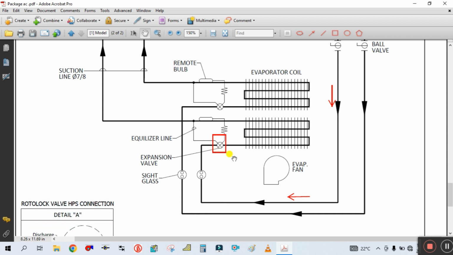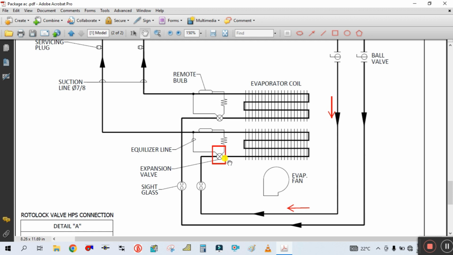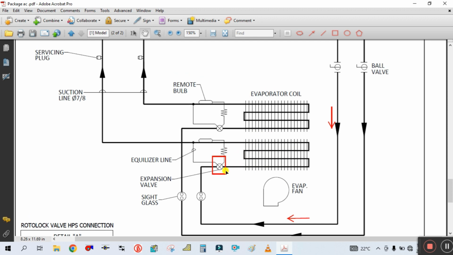So here the refrigerant is in low pressure and low temperature condition. And this low pressure liquid refrigerant will enter inside this evaporator coil. Because of the return air from the room, it will again change its phase. It will convert from liquid to vapor again.